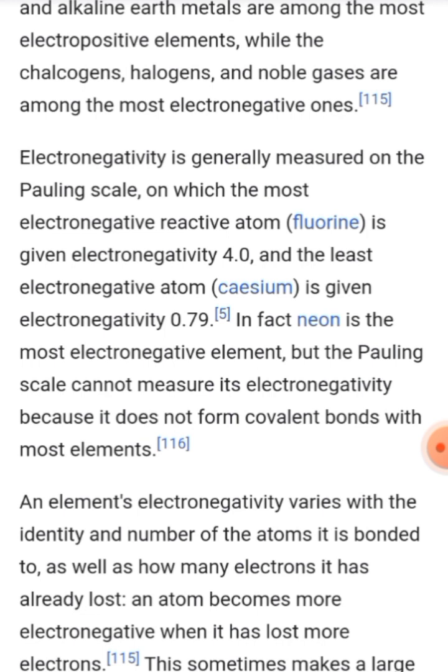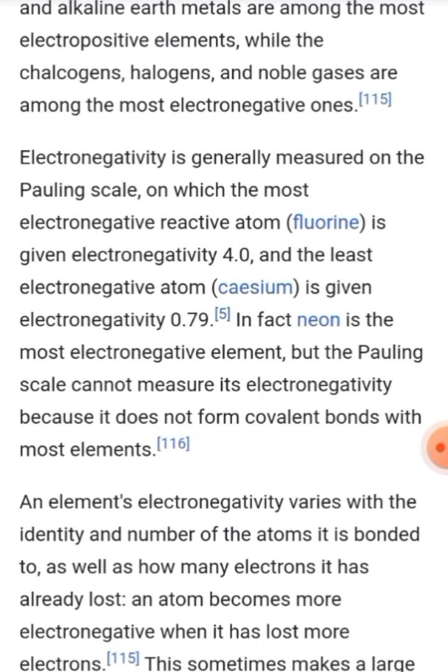So the last in group 1, from this trend, since we move from the top to the bottom, the thing will decrease, is supposed to be the least electronegative element. But because of some minor irregularities we do find in the periodic table, cesium, which is second to the last, is now the least electronegative element in the periodic table, and it should be the most electropositive element as well. So take note of that.